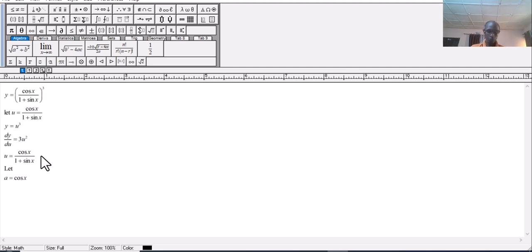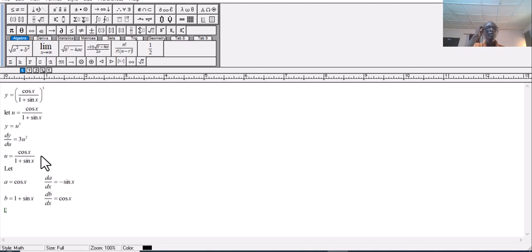So we now have something like this: da/dx will be equal to minus sine x. Then let b equal 1 plus sine x. So we have db/dx is equal to cos x.